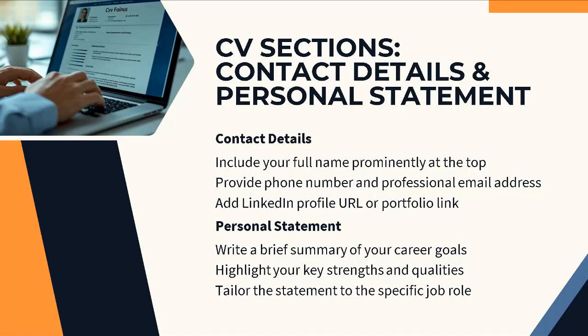After that comes the personal statement, which is a short summary of career goals, strengths, and key qualities. This section should be brief but meaningful. It gives employers a quick overview of who the candidate is and what they can offer.